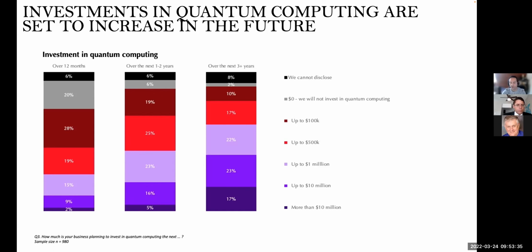This goes into programs. This goes into partnership with the providers of quantum computing platforms, and the cost. This goes into various areas, but you see that large investments are increasing in the next 3 years. This is a recent one from IDC.